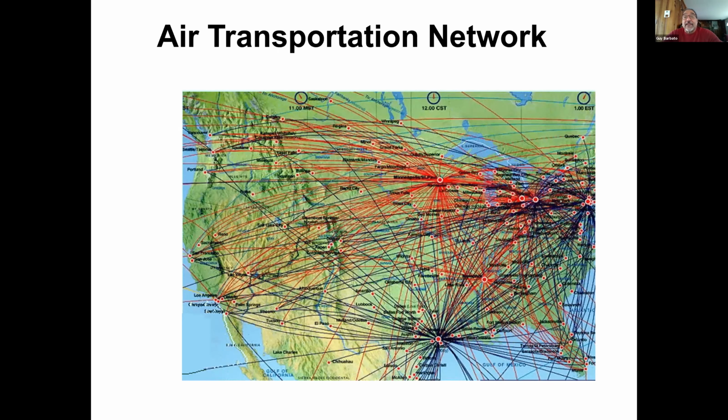I want to give you some examples of what networks look like. This is a great one. This is air transportation networks. And if you take a peek at this and just look at it, you'll notice a couple things. We've got circles and little dots, and then we have lines among and between the dots.